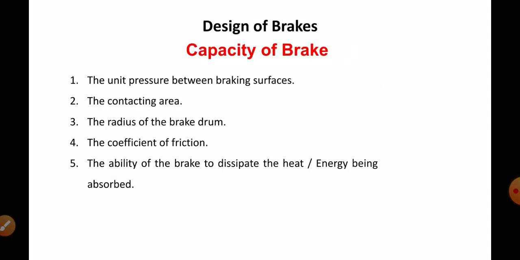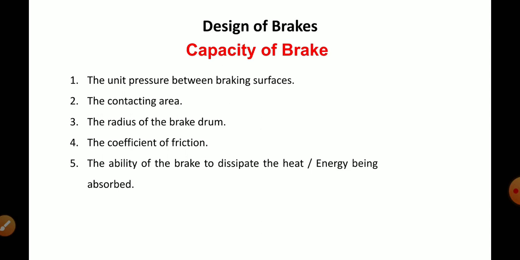The capacity of the brake depends on these five points. First, the unit pressure between the braking surfaces. Second, the contacting area of the braking surfaces. Third, the radius of the brake drum.